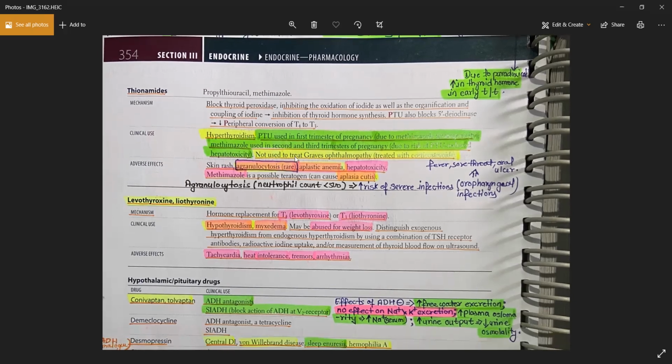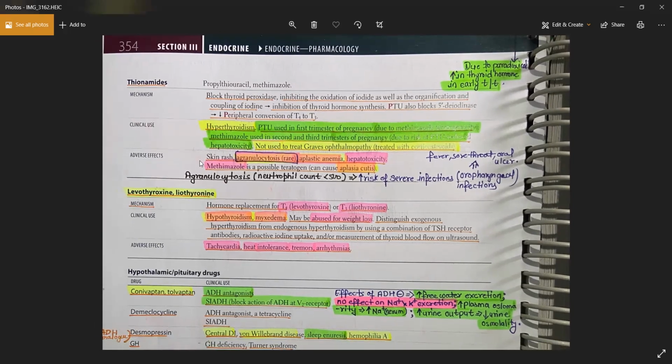It is also not used to treat Graves ophthalmopathy. You already know that Graves disease is an autoimmune condition, and the antibodies are responsible for the edema behind the eye, the exophthalmos. So to treat ophthalmopathy in Graves disease, you need to give the patient glucocorticoids, not these drugs. And the third thing would be the adverse effects, like we have discussed.